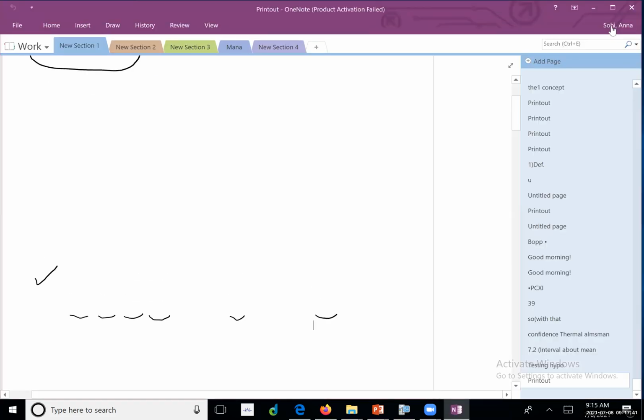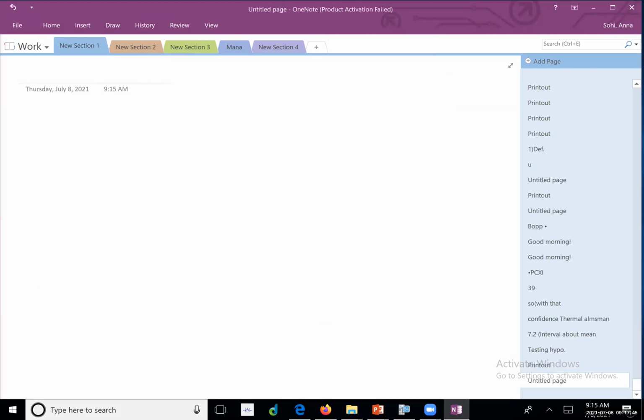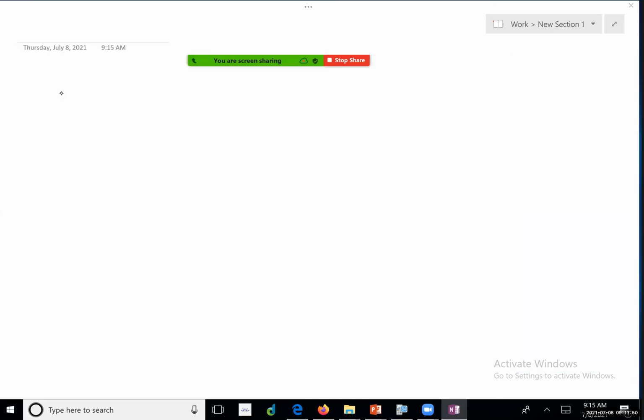So step one is writing the null hypothesis and alternative hypothesis. Step two is checking the requirements.